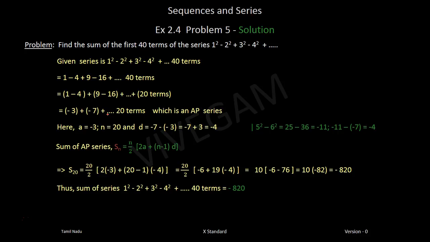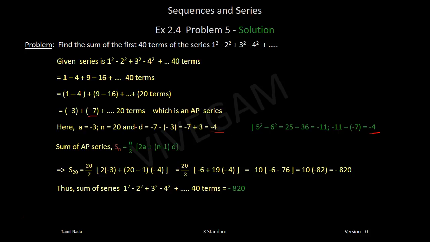So what we have to do, we found d by t2 minus t1. Now let's find it by t3 minus t2. t3 is minus 11 and t2 is minus 7 here. So minus 11 minus of minus 7, that is minus 4. So d here is also minus 4.